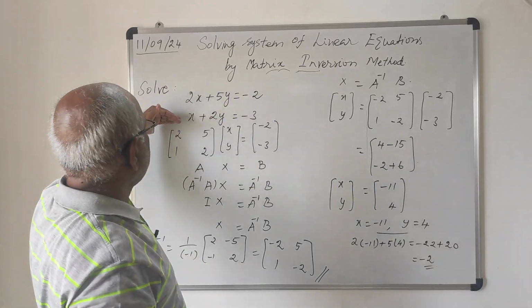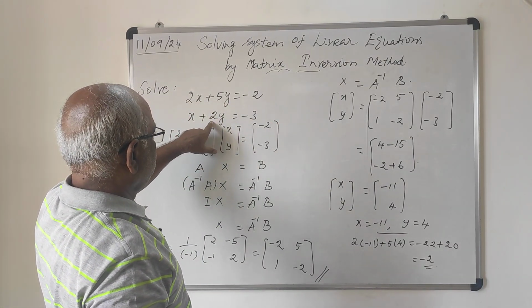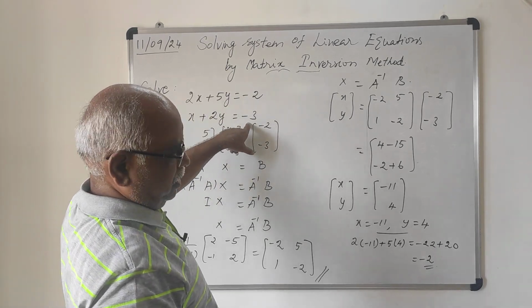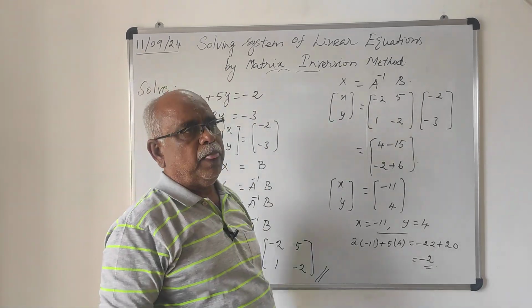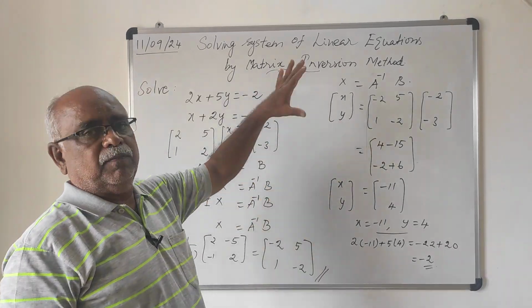So our value is correct. Now the second equation can also be checked. With x equal to minus 11 and y equal to 4, minus 11 plus 2 fours, which is 8, is minus 3. The second equation also gets satisfied. Therefore, this is the solution, using the matrix inversion method.